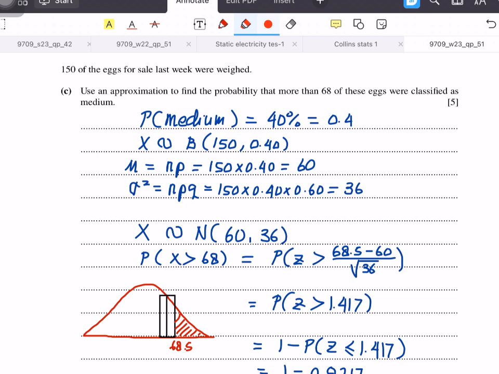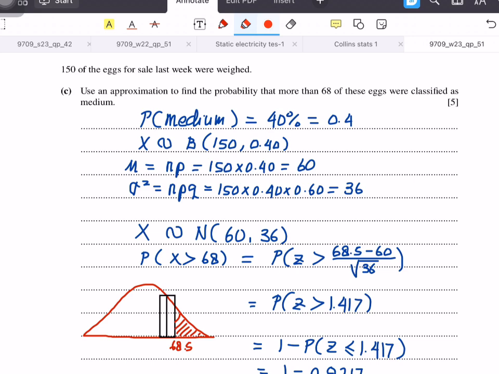And then we need to find the probability x greater than 68. And then we change it into z value, probability z greater than (68.5 minus 60) divided by square root of 36.